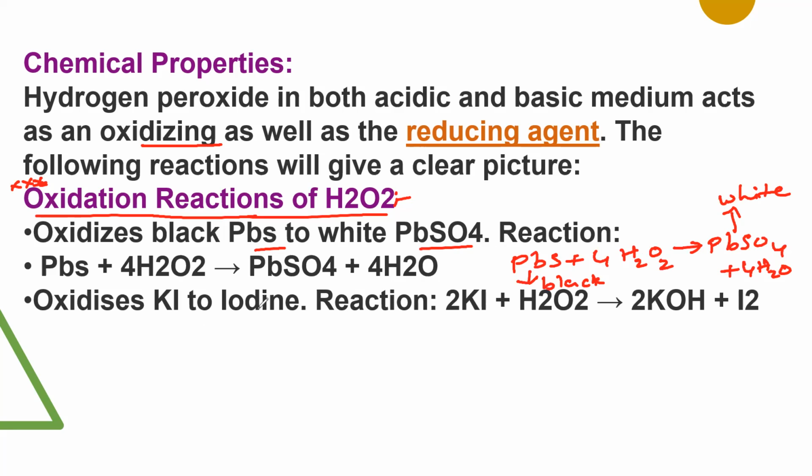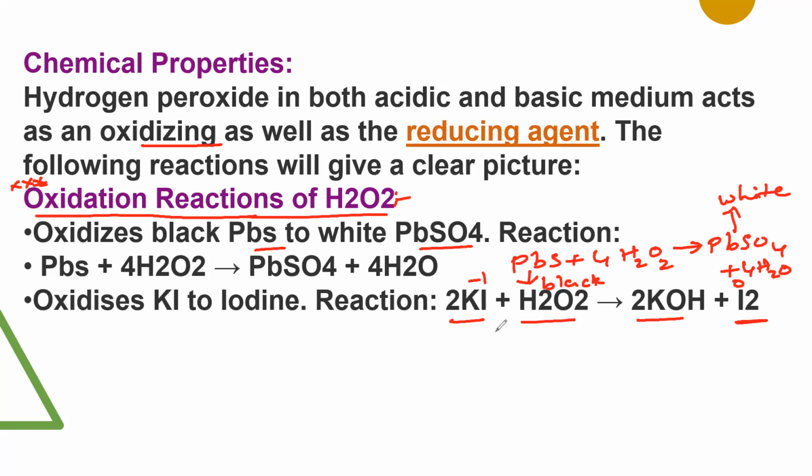It oxidizes potassium iodide to iodine. Potassium iodide on reaction with hydrogen peroxide forms potassium hydroxide plus iodine. The oxidation state of iodine is -1 and it is 0 here. So an increase in oxidation number indicates that oxidation takes place. So hydrogen peroxide is a good oxidizing agent in acidic medium.